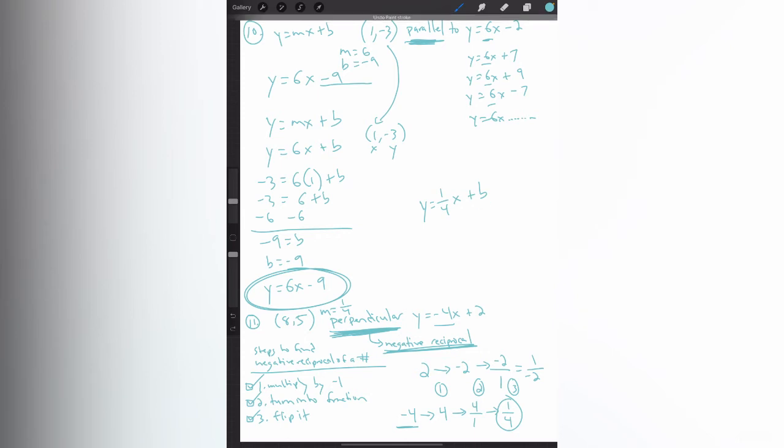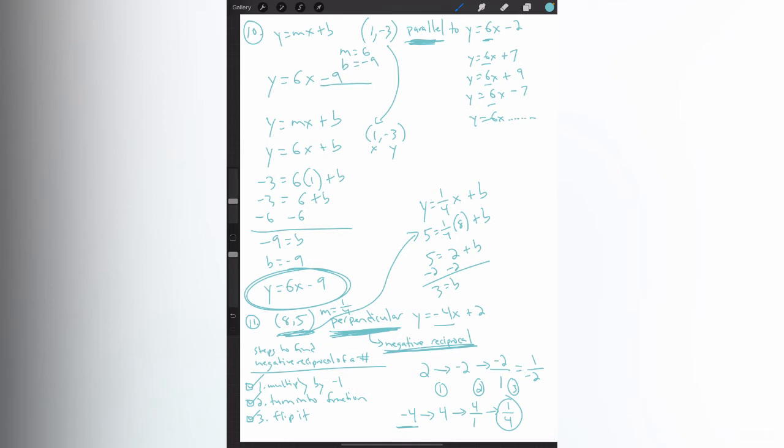The way I would do that is I would take my point that I have, 8,5 down here, and I'd move it up. So y is 5, 1/4 times 8 plus b. 8 divided by 4 is 2. Subtract 2 from each side, and I get 3 is equal to b.